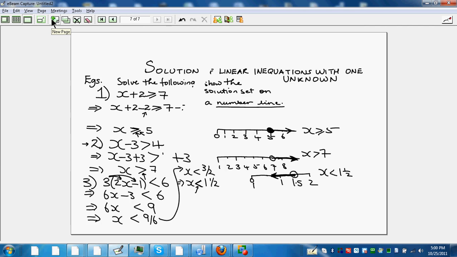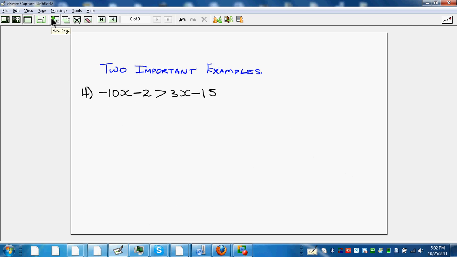Okay, so what we look at now are two important examples because they illustrate here the difference between when we solve linear inequations and when we solve linear equations, right? In this example, let us go through and see what the difference is here.